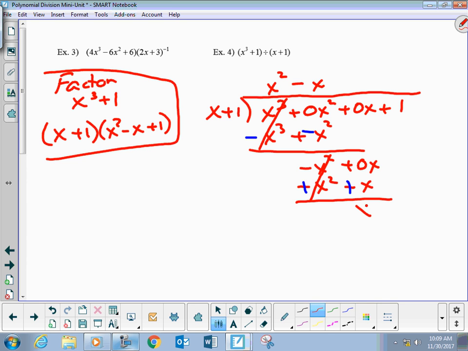So I now have x. Bring down the next term. X times 1 gives me x. 1 times 1 gives me 1. Change the signs and add. What happens? What do I end up with? 0.